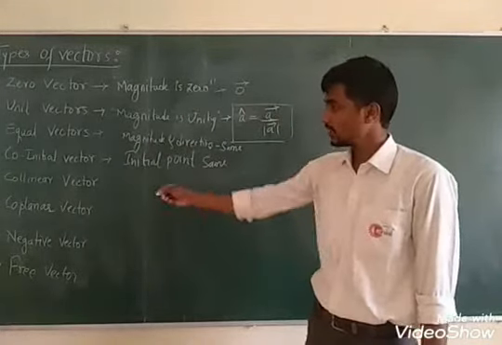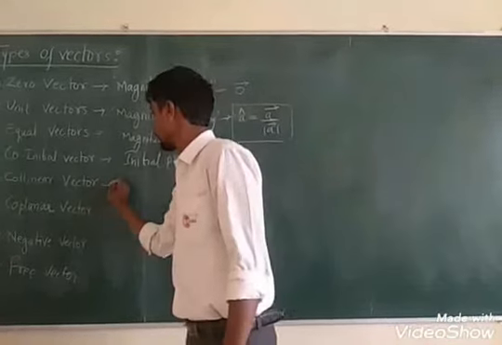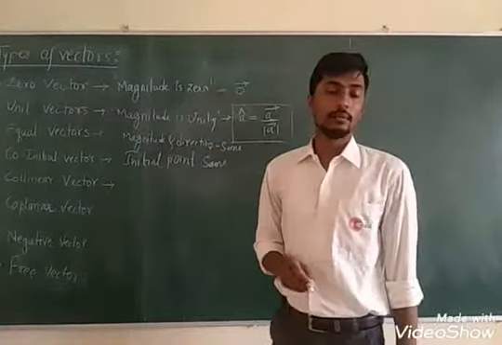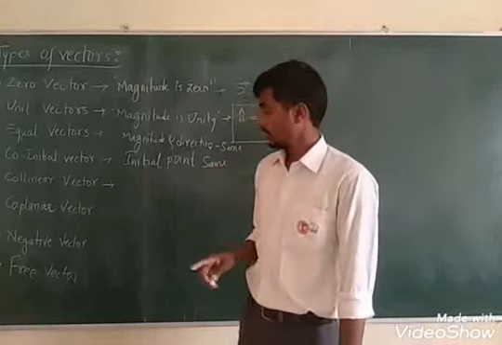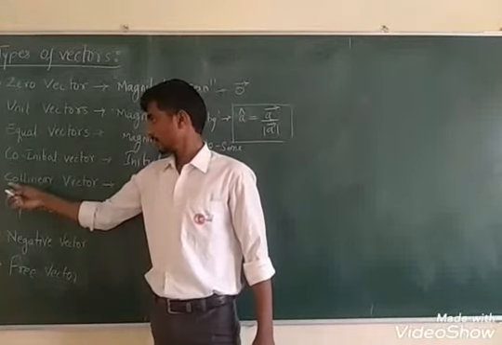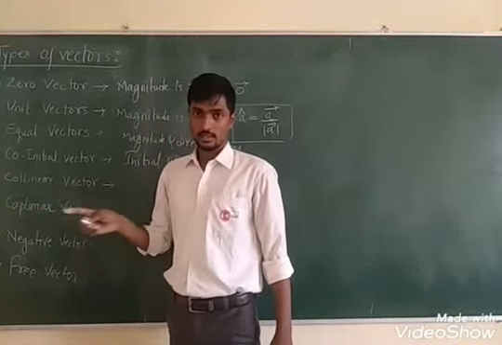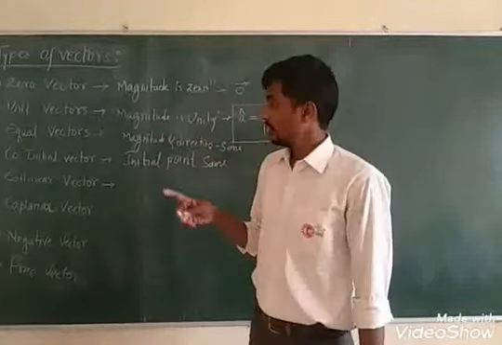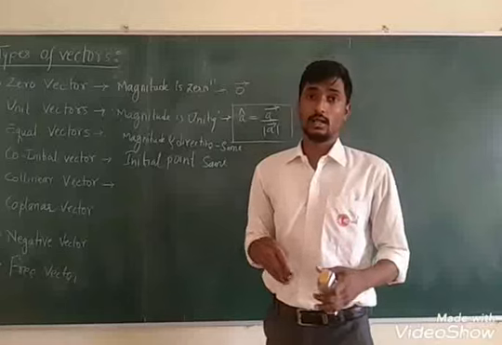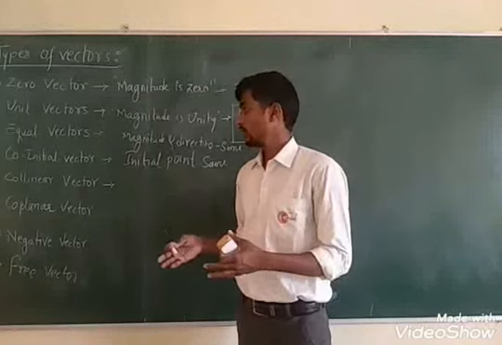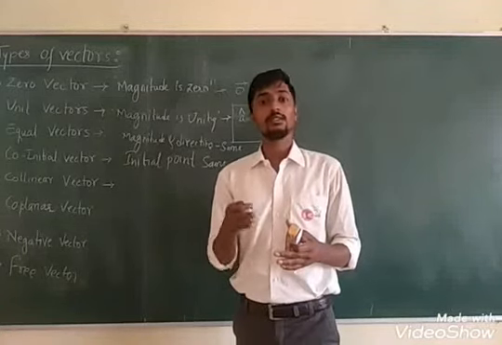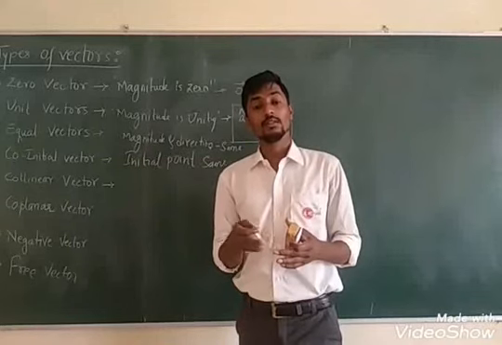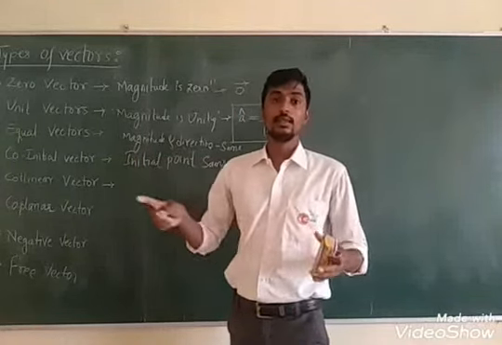And next, move to another vector, the collinear vector. So collinear vector का मतलब क्या है? देखो नाम से यही पूछ रहा है collinear. Co है और linear, same और linear same. So any two vectors are said to be collinear vectors if they are parallel to the same vector or same line, or along the same line.